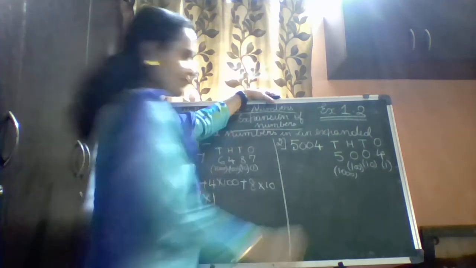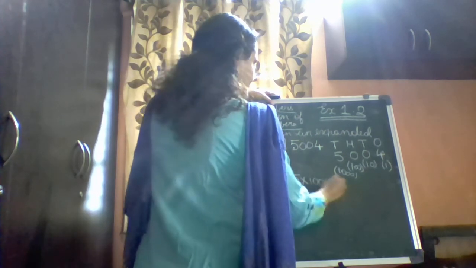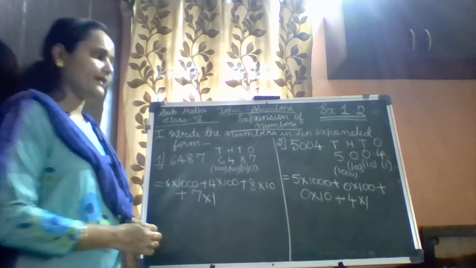So this is 1, this is 10, this is 100 and then this is 1000. Now write the number in expanded form. So first number is 5. So this will be equals 5 into 1000 plus 0 into 100 plus again 0 into 10 plus 4 into 1. So this is how you write the number under expanded form.